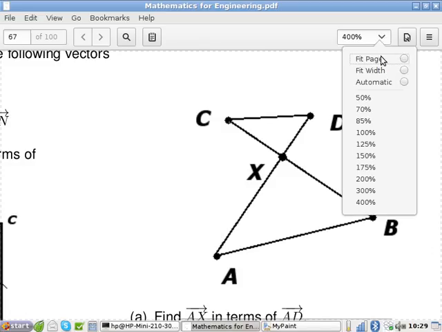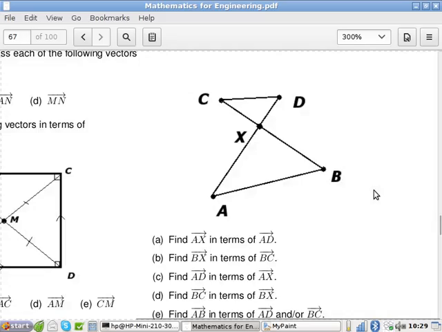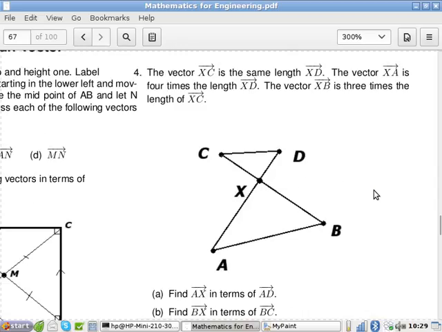Voila, indeed. The other thing you need to note is, guys, look, the vector XC is the same length as XD.